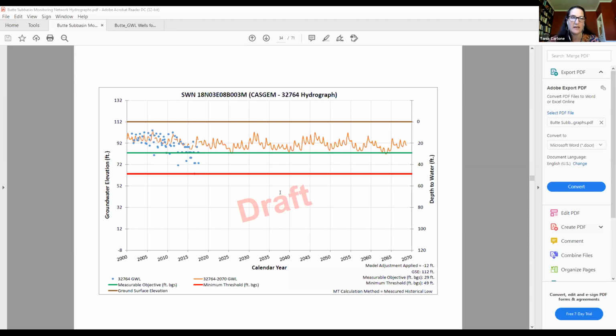So essentially what you're saying is that these MTs, given the conditions of the basin, are more protective than the 7th percentile, except for those 3 wells where that was the limiting factor. That's correct, yeah.